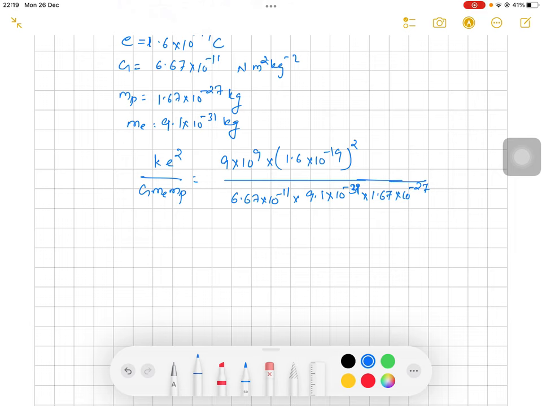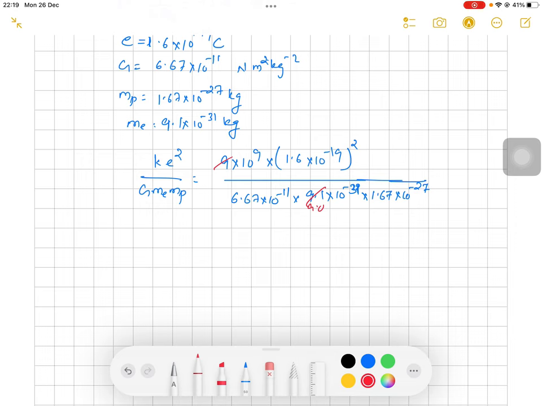Instead of doing the exact multiplication, I am just rounding off these figures so that we can cancel more easily. Instead of 9.1 and 9, I am taking it as 9.0, so cancelling these two.